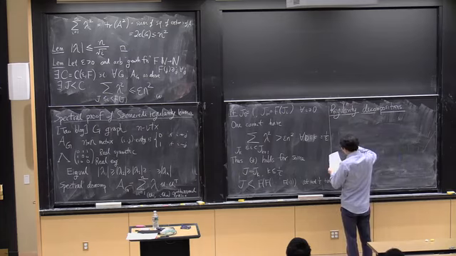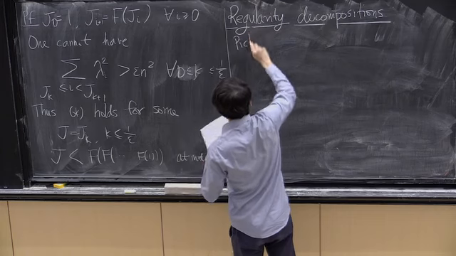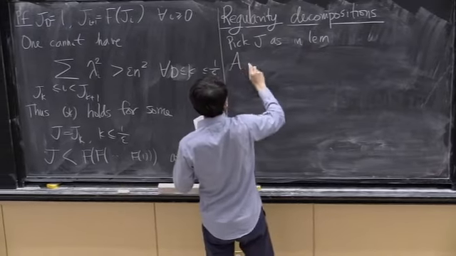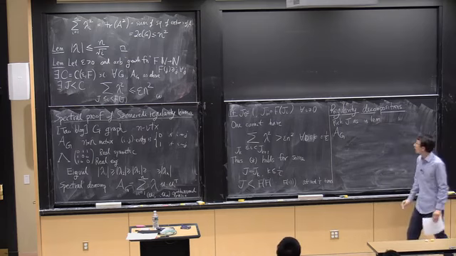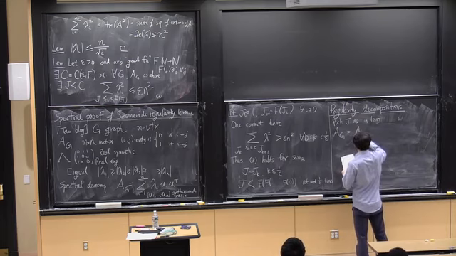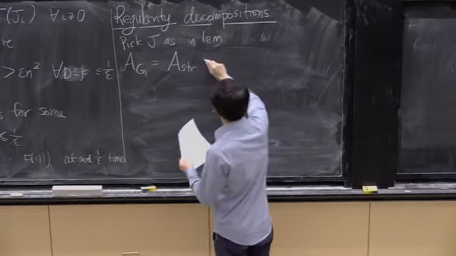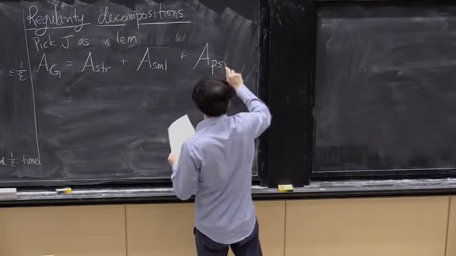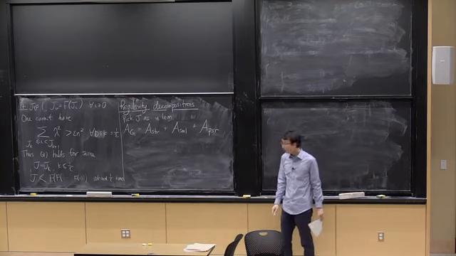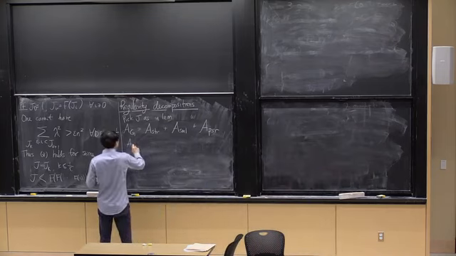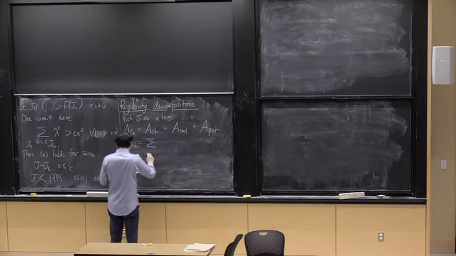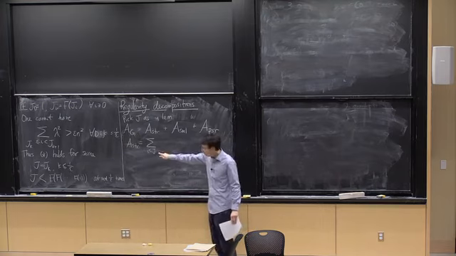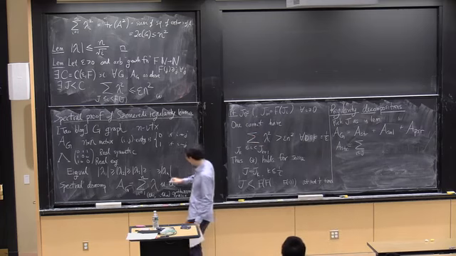Namely, I pick J as in the lemma, and I now write my adjacency matrix, A sub G, as a sum of 3 matrices, which we'll call A structured plus A small plus A pseudorandom, where A structured equals basically that sum, this sum here.